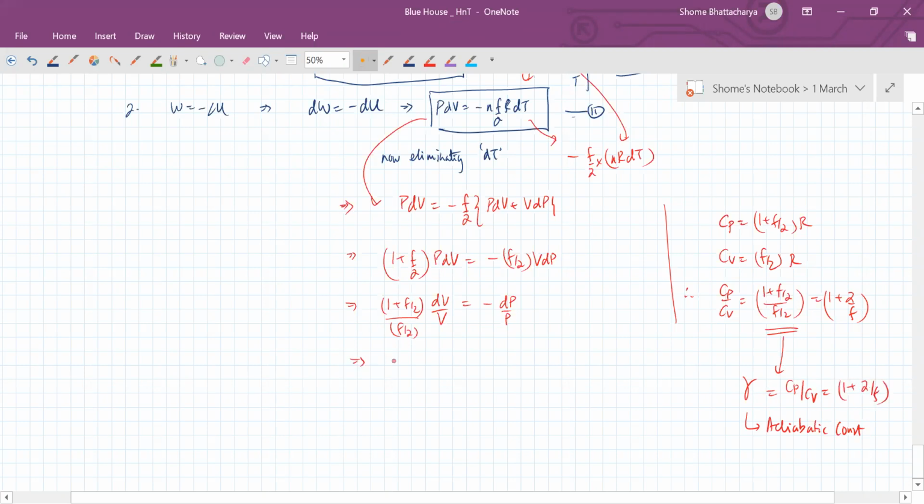Okay, so you can see here 1 plus 2 by f dv by v is equal to minus dp by p, or gamma into dv by v is equal to minus dp by p. So this is what we are getting from equation 1 and 2 after eliminating the temperature.